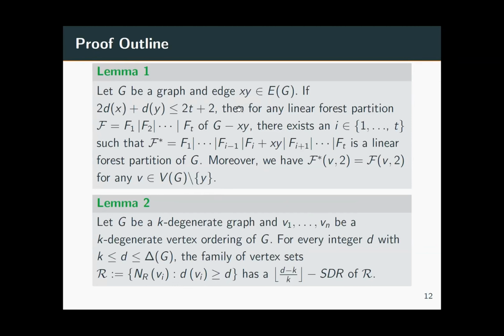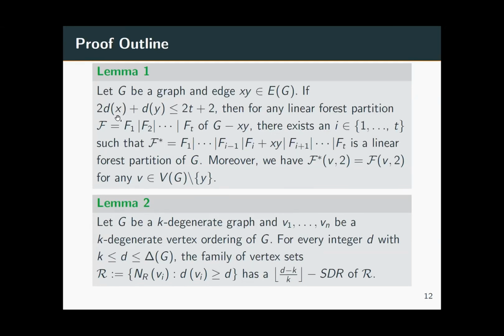For example, we can add the vertex y, which connects to vertices to its left, and if the edge xy is to be added and these two vertices satisfy this degree relationship, we can add xy, color it by some color, and keep the number of linear forests.